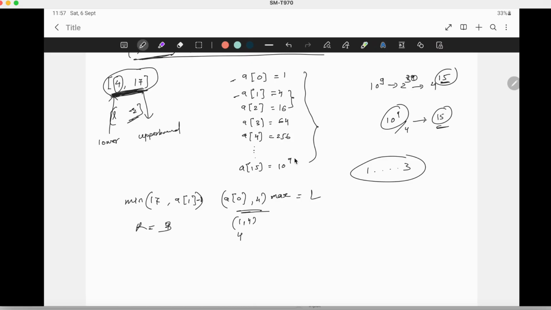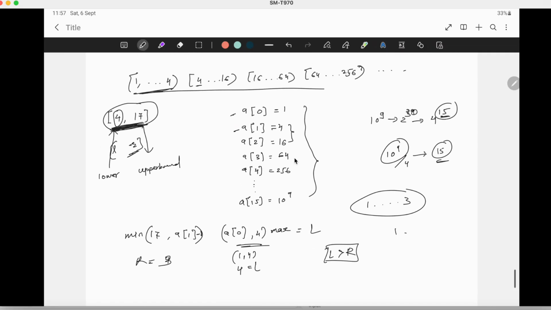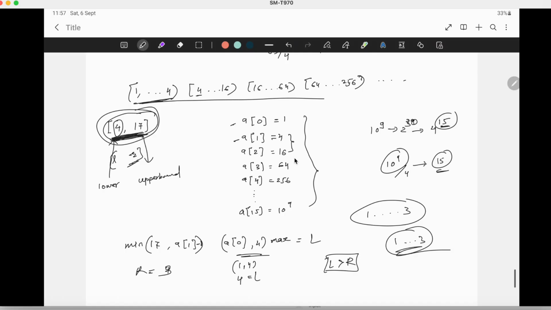So it is clear that L is actually greater than R at this point in time. So we can say that for 1 to 3, there are no elements in this particular range, because we are starting from 4, and there are none of the elements between A0 and A1. That is the conclusion we can draw here.